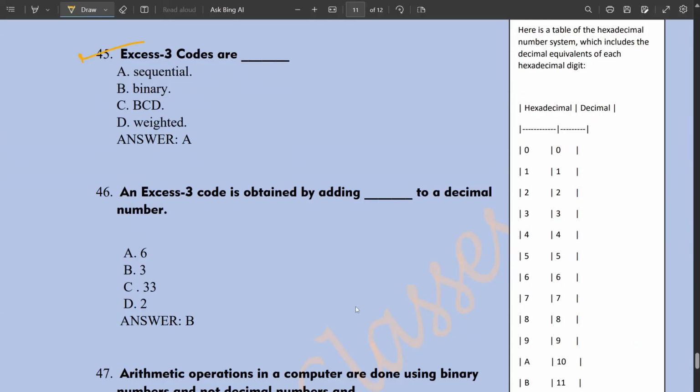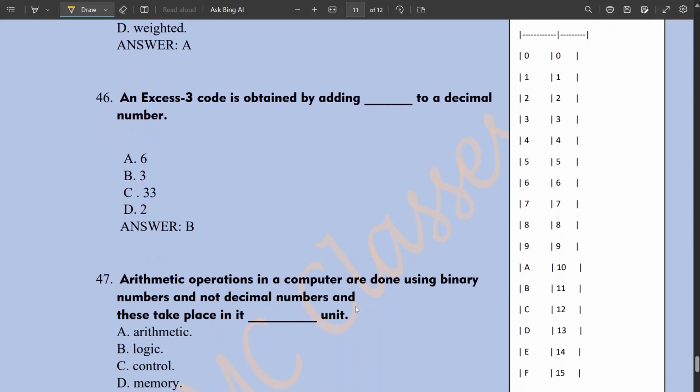Next, Excess-3 code. Excess-3 code is what? Sequential code. Next, an Excess-3 code is obtained by adding what to a decimal number? Okay, so option number B is correct. Adding 3 to the decimal. Excess-3 means 3 is extra, we have to add 3.